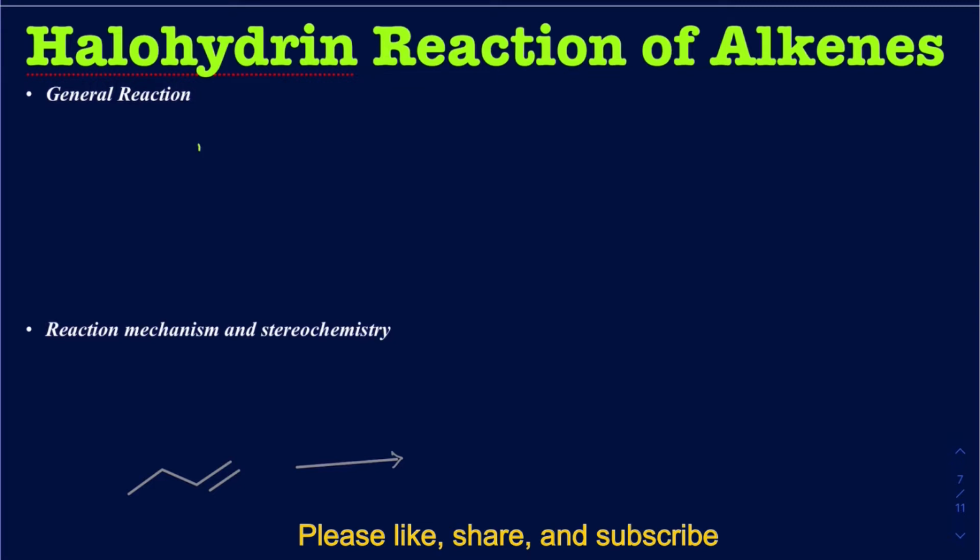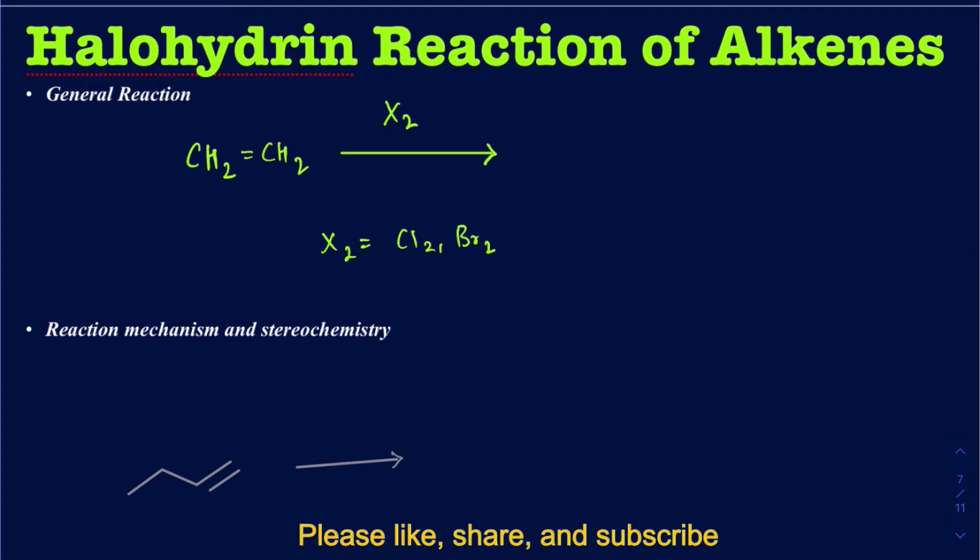So if I want to write a generic reaction where you have CH2 double bond CH2, your reagents here are going to be some sort of halogen, so suppose X2, which is going to be either chlorine or bromine.